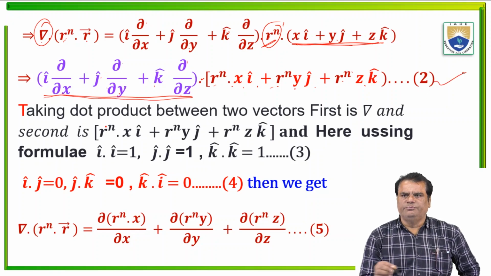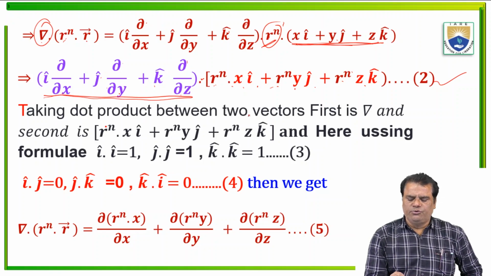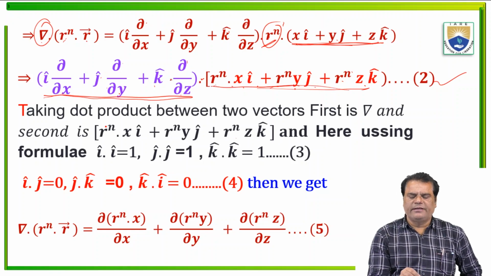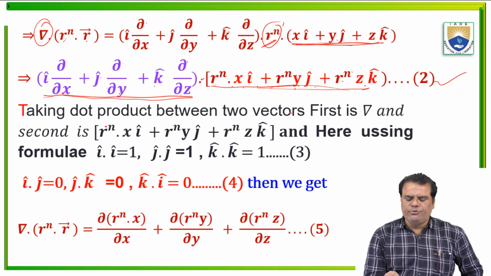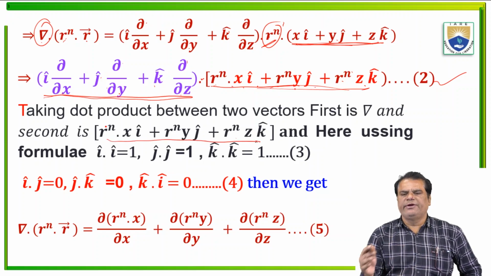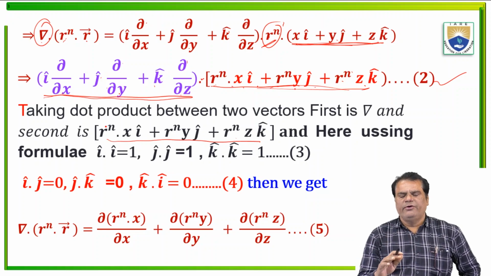This is equation 2. Now taking the dot product between two vectors, the first is del and the second is this vector. This is given in our question, but first of all we find the first degree of del.